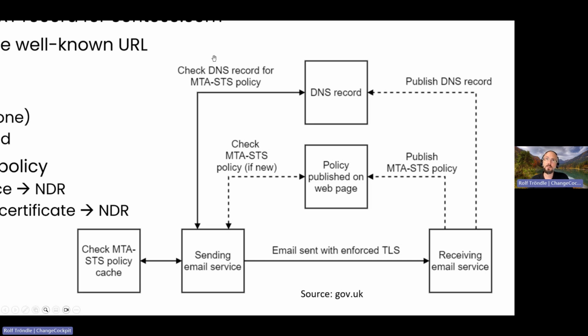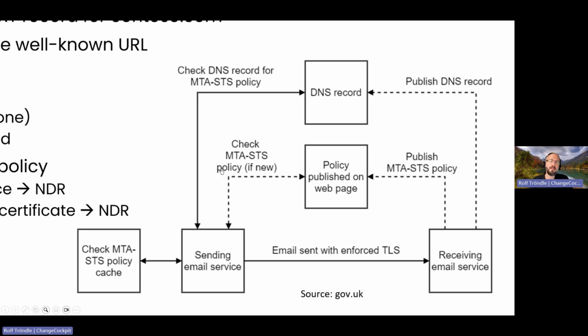If it's a newer one specified in the DNS record, we have seen the timestamp as the policy version, then we won't use the cached policy. We would download a new policy if there is a newer version available, which is signaled using your text record in DNS. And then we will check the policy and we will send it with enforced TLS.